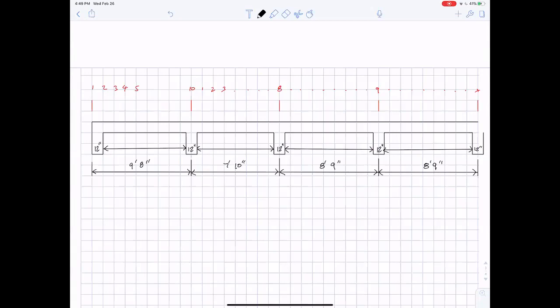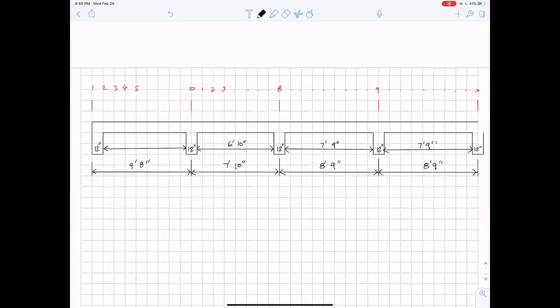These 3 on the right are easy. You subtract 6 inches off each side, so you subtract a foot. That's 6 feet 10 inches, 7 feet 9 inches, 7 feet 9 inches. This one on the left, from the 9 foot 8, we have to subtract 12 inches on the left and 6 inches on the right.